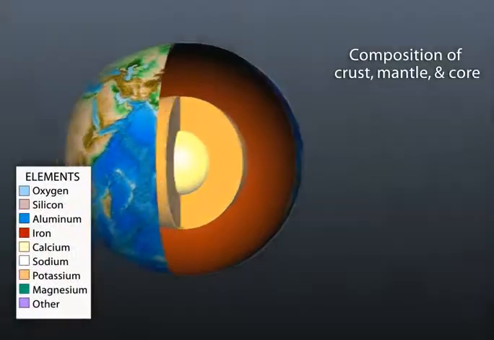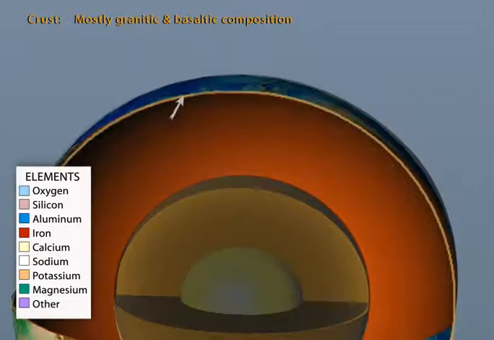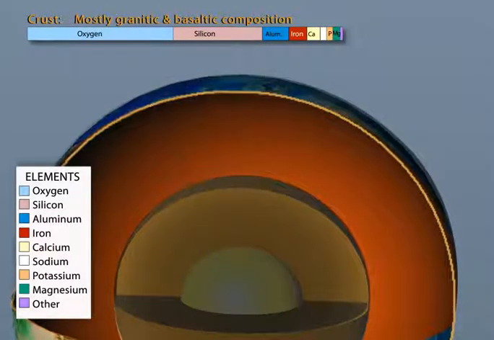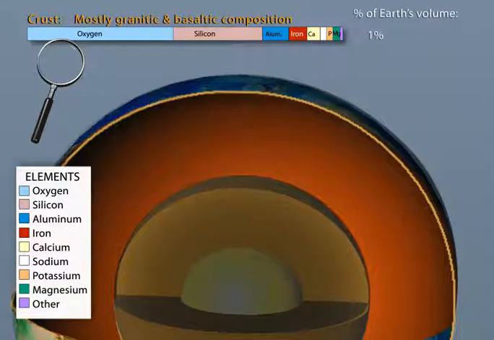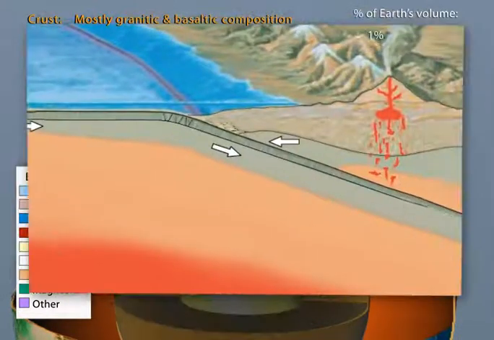The basic layers of the Earth are grouped by their chemical composition. The crust is made of chiefly eight major elements, shown here by their relative abundance: oxygen, silicon, aluminum, iron, calcium, sodium, potassium, and magnesium. At this scale, the crust is too thin to show as more than a thin line without zooming in.